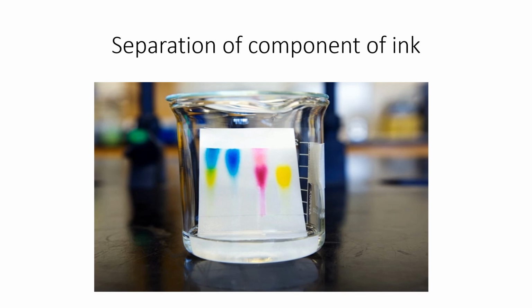So in this way, we can use this chromatographic technique qualitatively to understand the components of which the mixture is made up, and using some other quantitative methodology, we can separate out the components with respect to quantity also.